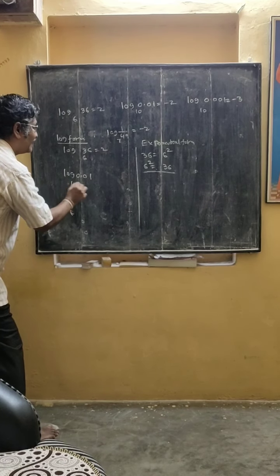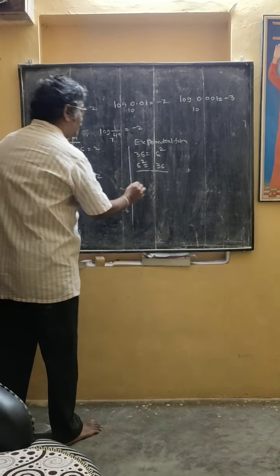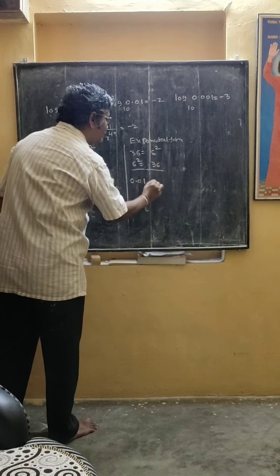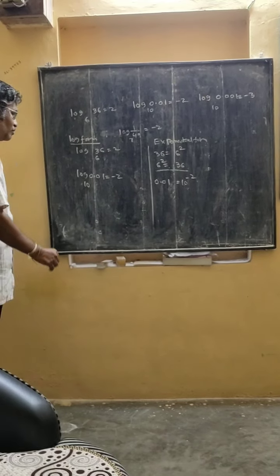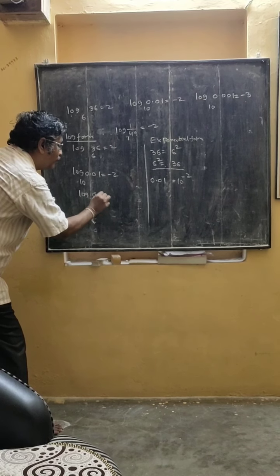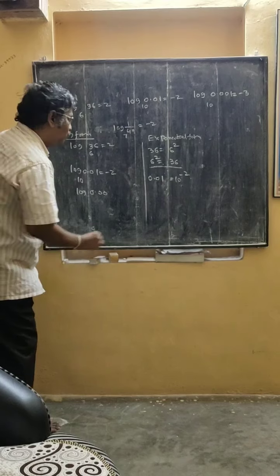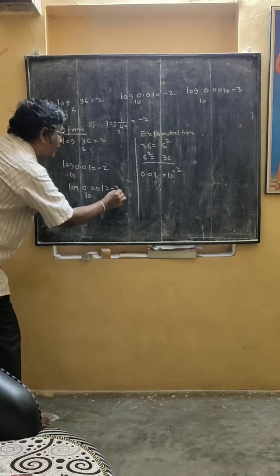Next one. Log 0.01 to the base 10 is minus 2. How can you write this? 0.01 is equal to 10 power minus 2. Next one. Log 0.001 to the base 10 is minus 3.